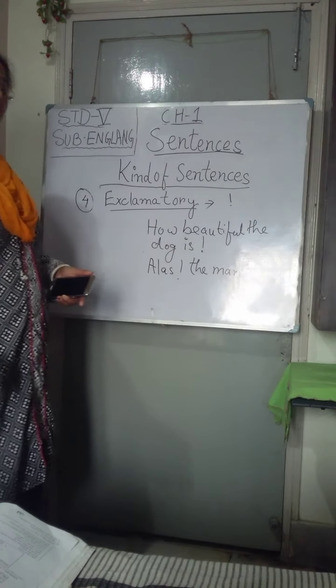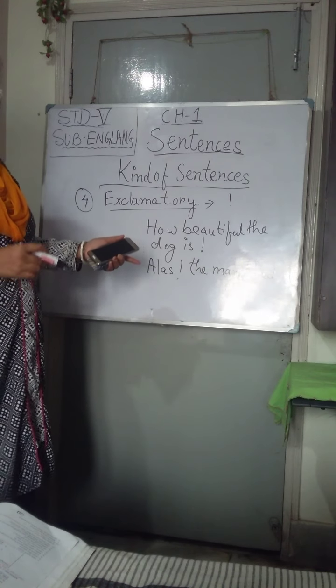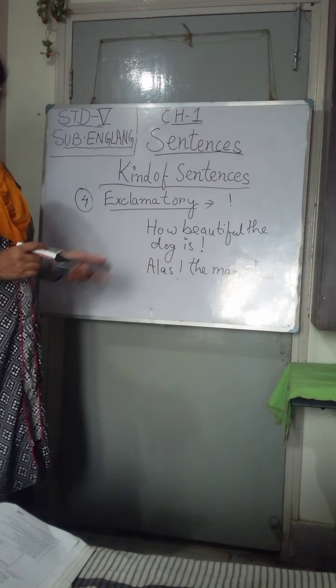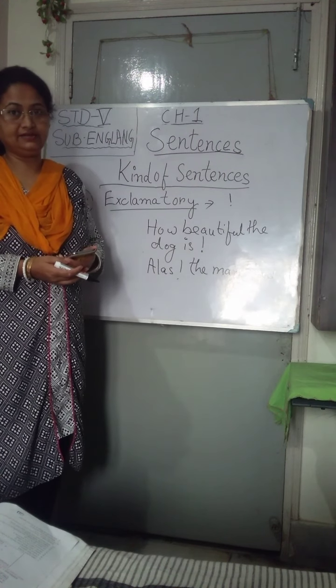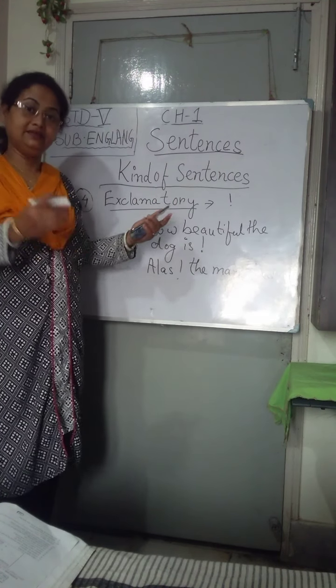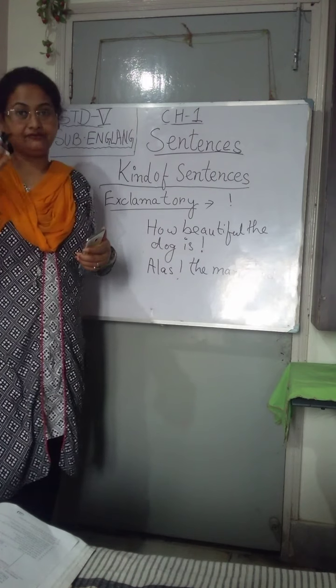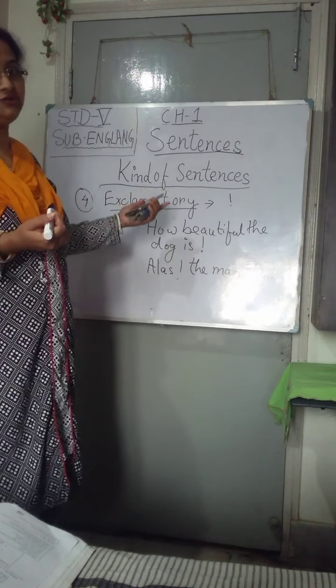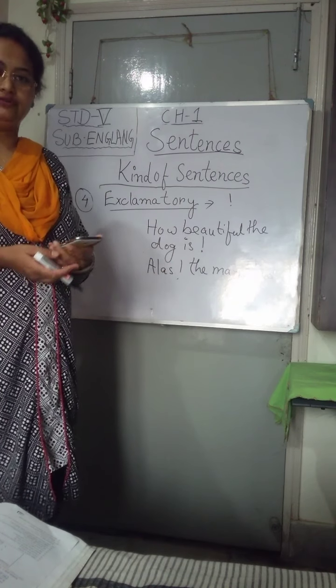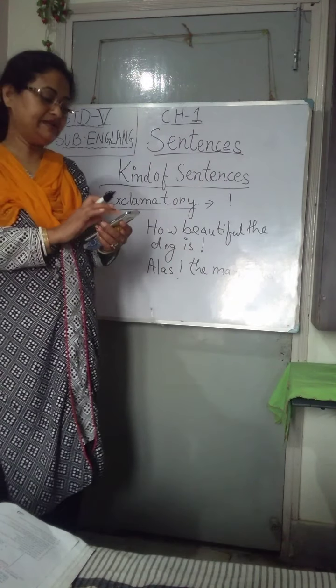So we can say that an exclamatory sentence expresses a strong feeling. And here I am adding the feeling may be of happiness, it may be related to sorrow also.